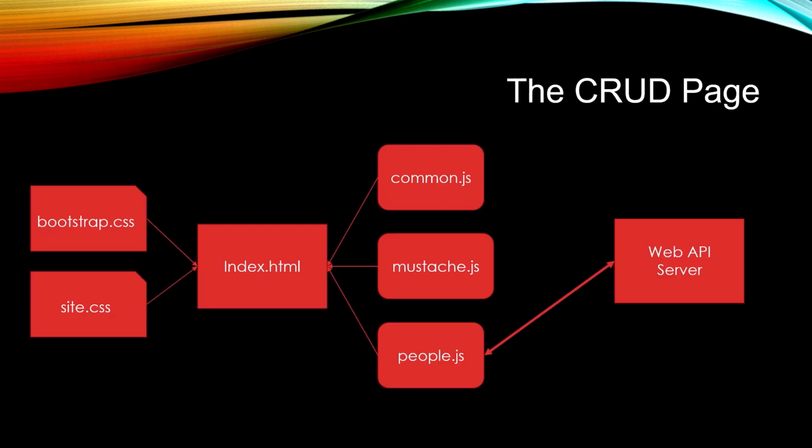Now our CRUD page, if you remember, I had quite a few things in there. The index.html uses Bootstrap. It uses our own site.css. It uses a common.js, a people.js, and mustache.js. People.js is where we make our web calls through the fetch API to our web API server to get data.